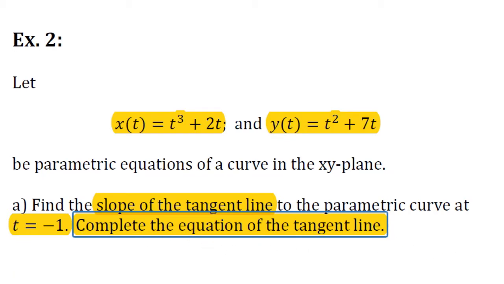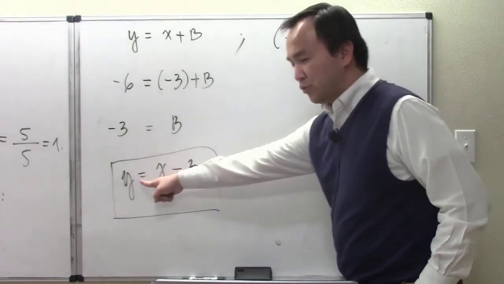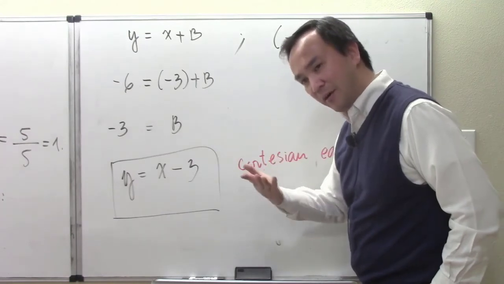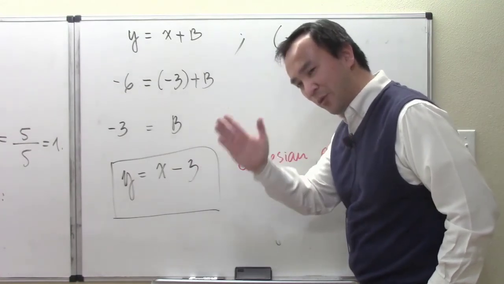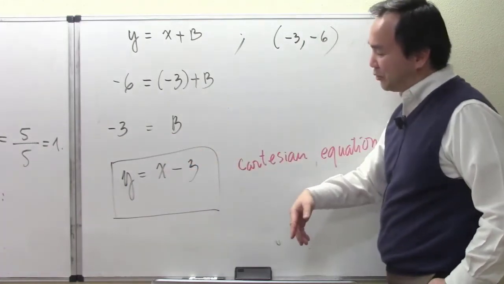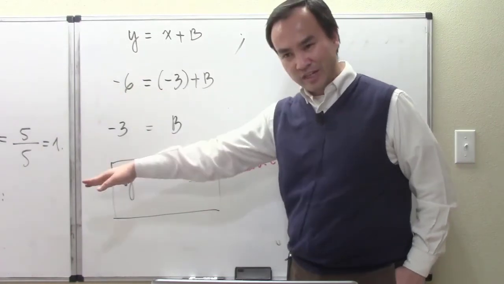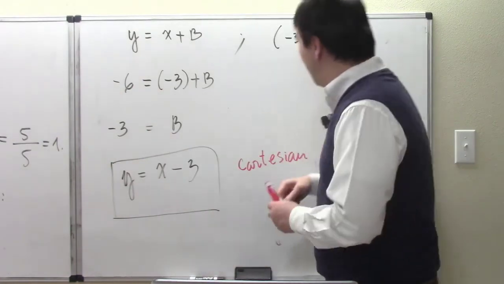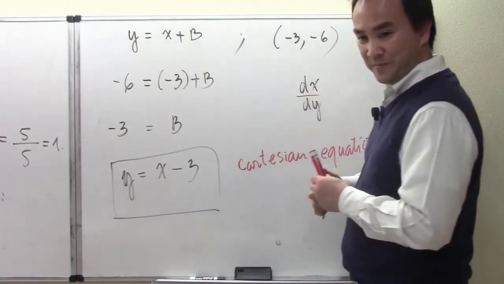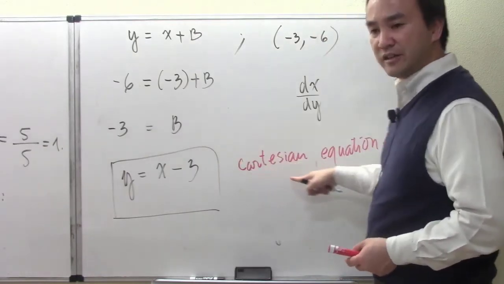Okay, in our equation here, writing our equation as a function y in terms of x is just my choice, because I'm among those people who are more comfortable treating y as a function in terms of x. But if you are among the group of people who are more comfortable treating x as a function in terms of y, you can go the other way around by starting out with finding dx/dy, as I have mentioned previously. But your equation at the end is again a Cartesian equation.